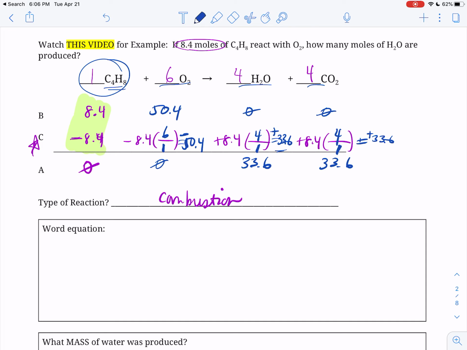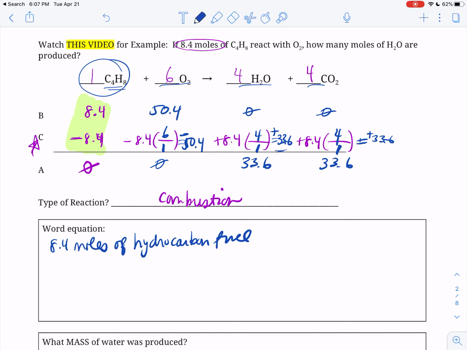Okay, all right, so the word equation, you're going to start with 8.4 moles. Okay, and if you don't know the name of C4H8, you can either look it up, or for these ones, if you want, you can just say hydrocarbon, fuel, or fuel is fine too at this point, right?